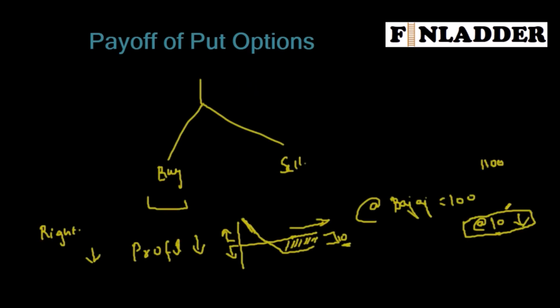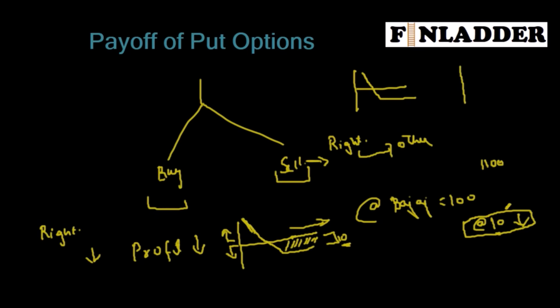Now let's come back to the selling part of the put option. In selling a put option, we are giving a right to the other party to buy the put option. So if the graph of buying a put was like this, the graph of selling a put would be the inverse of this.